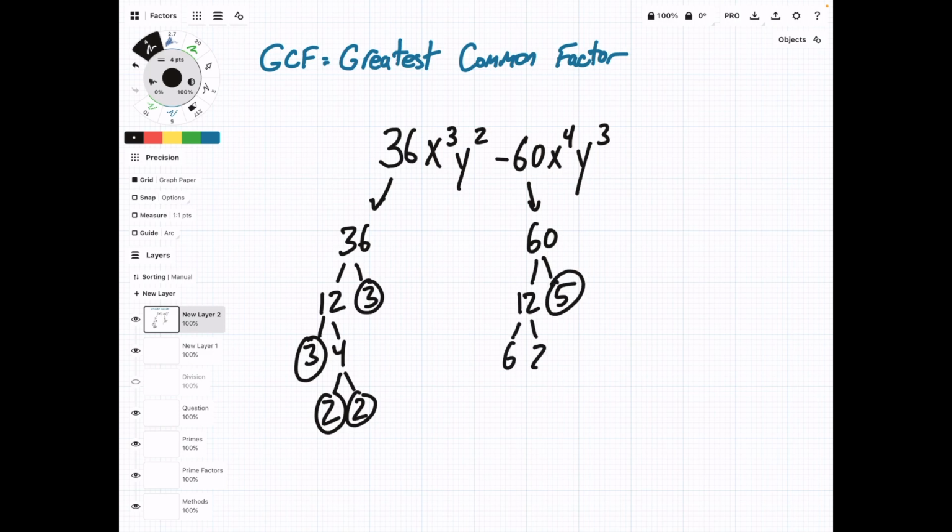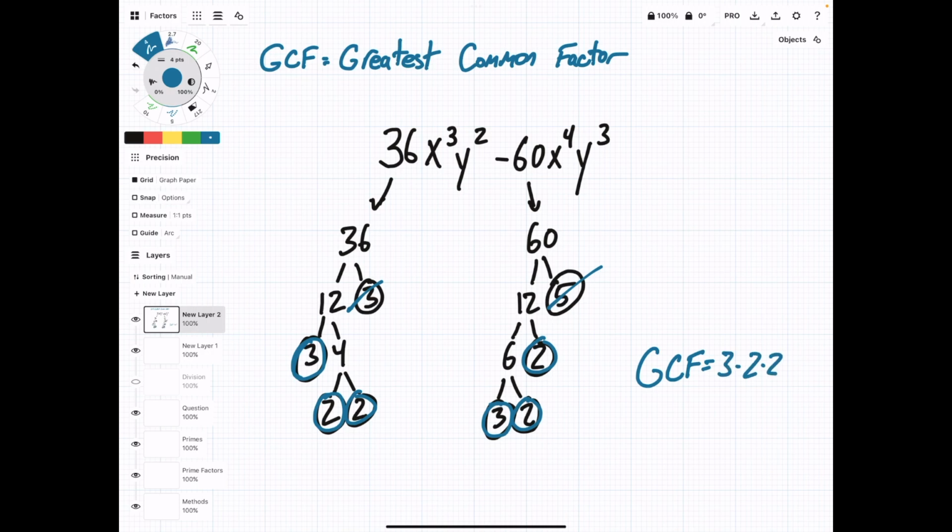We have a 6 and a 2. And then a 3 and a 2. So looking for the common factors, we have 3 here, 3 here, 2 here, 2 here, and another 2. And no matches for the 3s or the 5s. So our GCF is equal to 3 times 2 times 2, which is equal to 12.